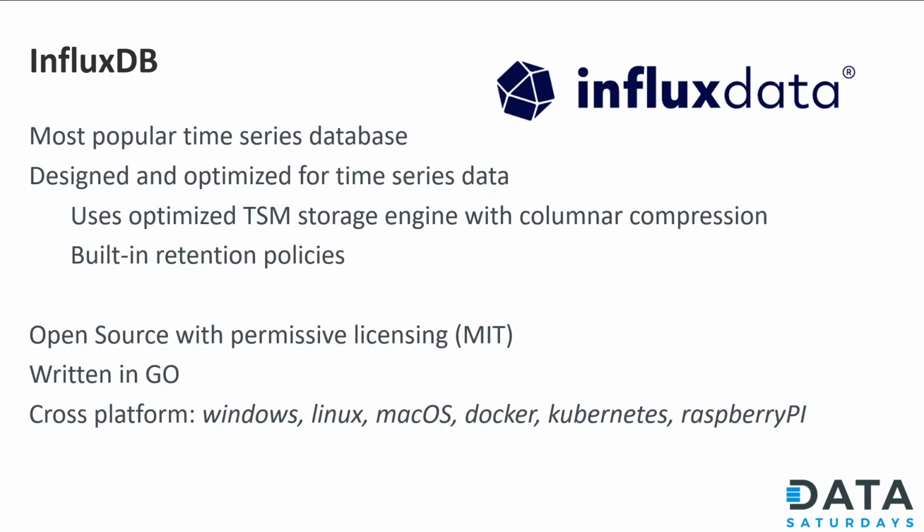It is written in Go, which makes it cool, but also makes it very efficient, because Go has a very efficient runtime, and also it makes it very capable of going to any possible platform. So it runs on Windows, on Linux, on macOS, also on containers, so Docker and Kubernetes, and also on small, not very capable machines like Raspberry Pis. So pretty cool.